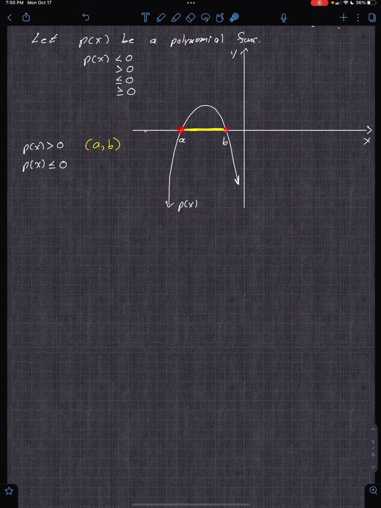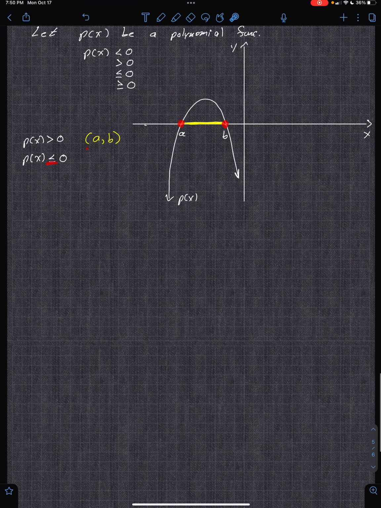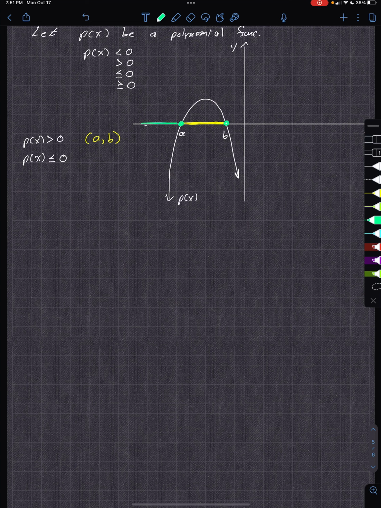In this case, yes, you include those endpoints because of the or equal to. So you put dots, and you go to the left and to the right. You would say negative infinity up to a, including it, and then you union including b, and then approach infinity, like that.